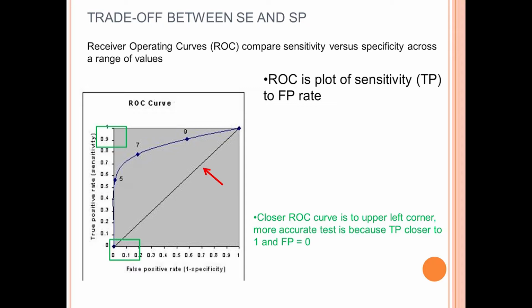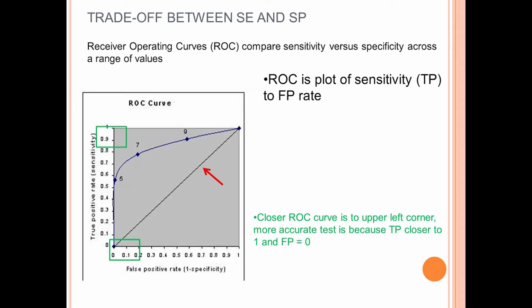So they provide a graphical representation of the full range of all the possible cutoffs that are associated with sensitivity and specificity by plotting the true positive rate, sensitivity, against the false positive rate, which is 1 minus specificity.